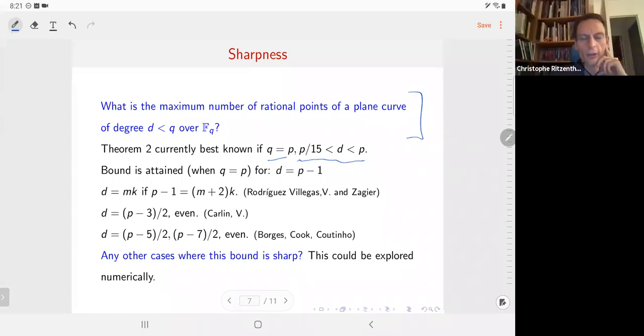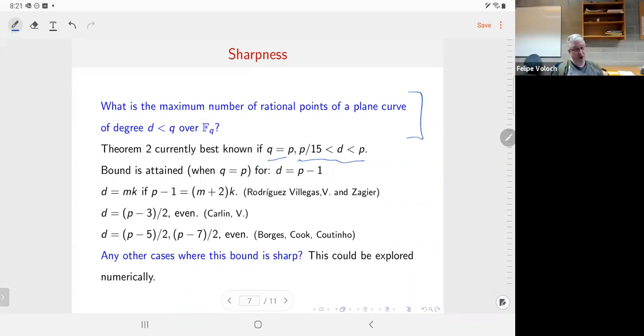Sorry, Felipe, can I ask, when you speak about rational points, is it of a smooth curve, or do you take a smooth model of it, or what exactly are rational points here? The bound is for points in the smooth model. So you can overcount if you have, say, a point in the plane that is rational but singular with tangents of irrational slopes; then you're not going to count that point.